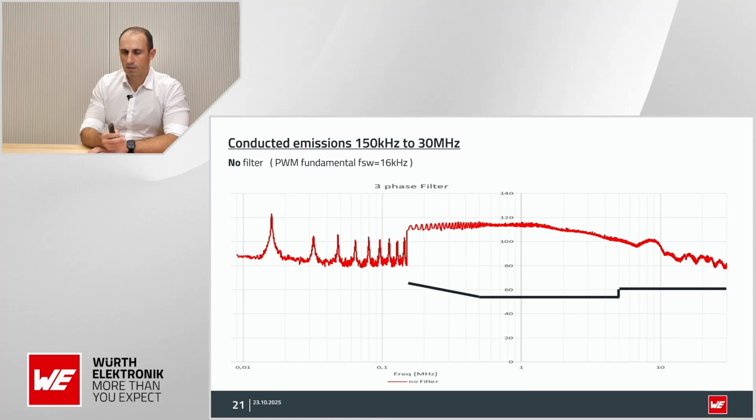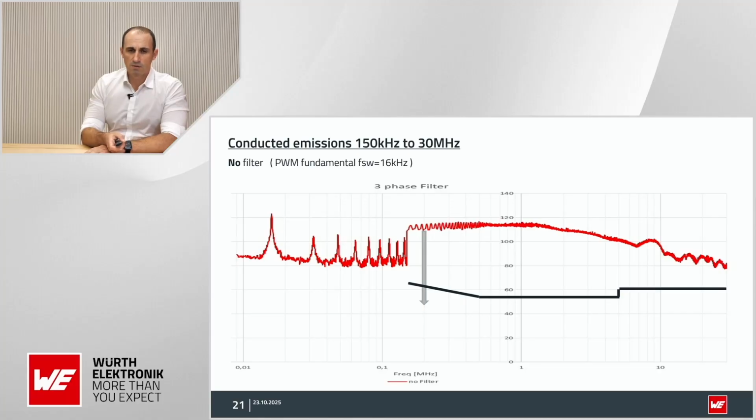This is what I really recommend for you. At first, make a measurement without any filter components included, because then you really know how much attenuation you will need, and then you can calculate in the end your resulting filter, and it will not be too big and not too small after all. So that's the best way of doing this.